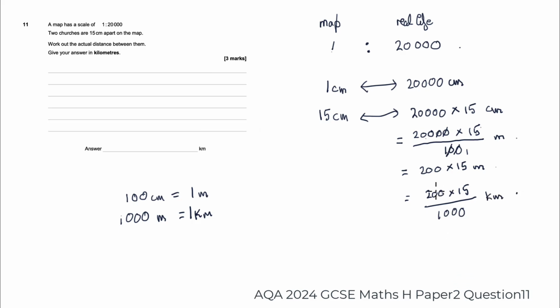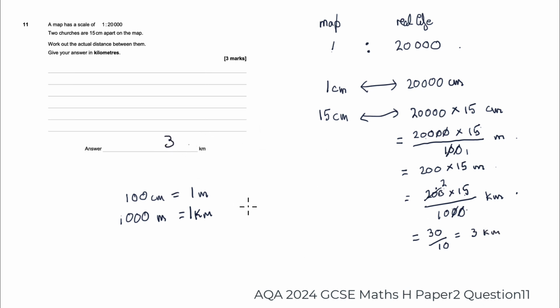Again, there's a bit of cancelling here. 100 goes into the 200 twice, and 100 goes into this 10 times. Now that means on top of the fraction we've got 2 15s, which is 30, and on the bottom we have 10, and 10 into 30 goes 3. So the answer is 3 kilometres.